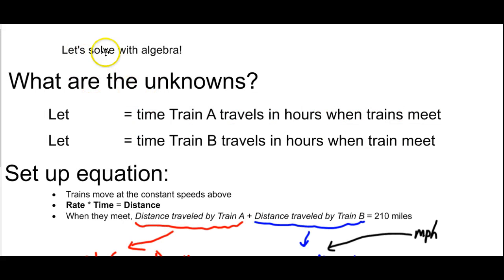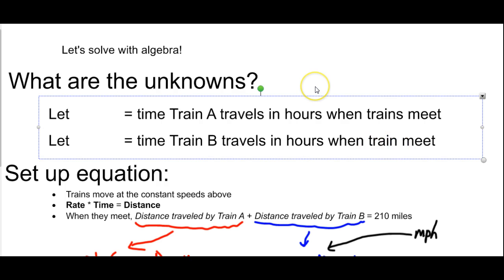So let's set up, okay, let's solve with algebra. What are the unknowns? We need to know the time train A travels in hours when the trains meet, don't we? And we also need to figure out the time train B traveled in hours when the trains meet.